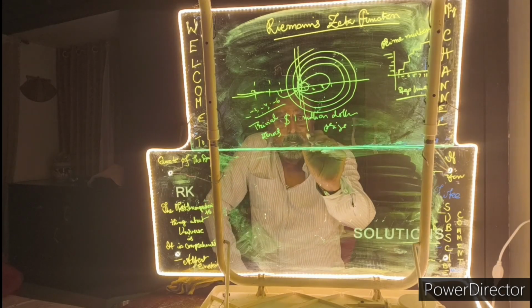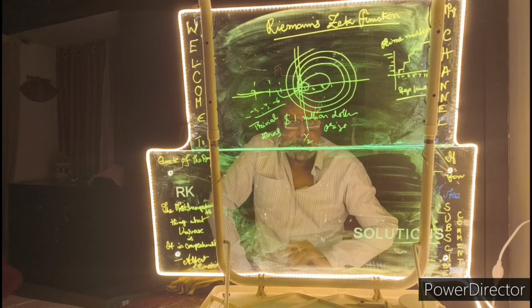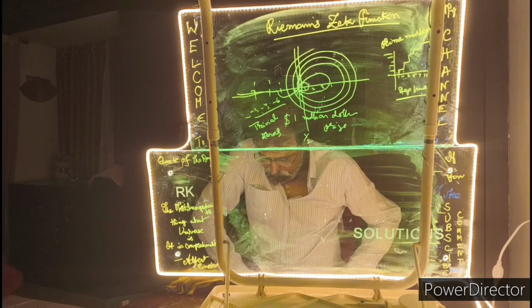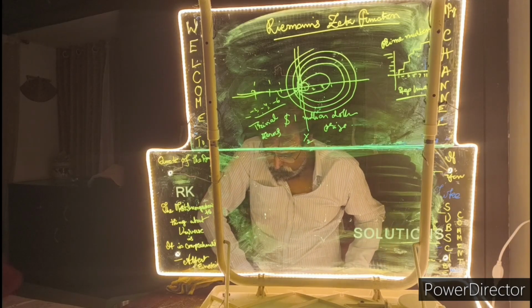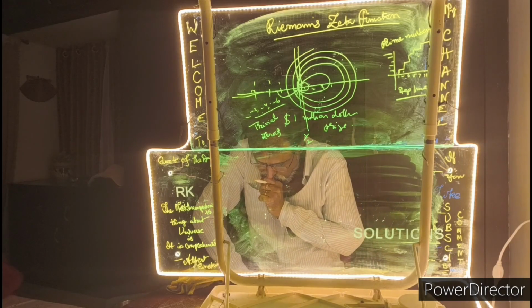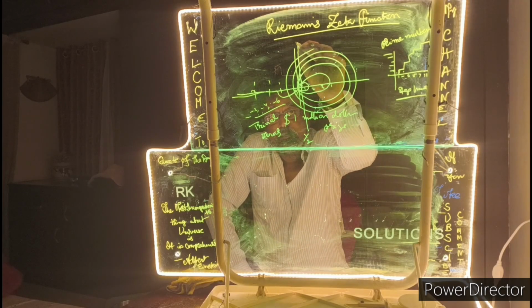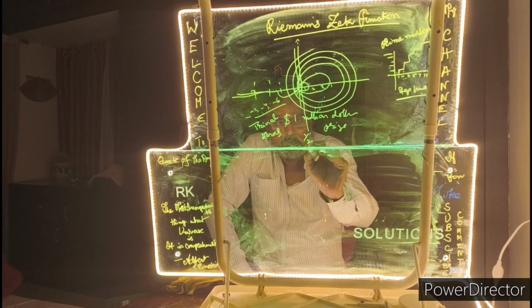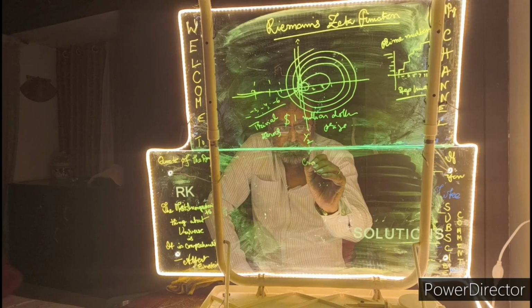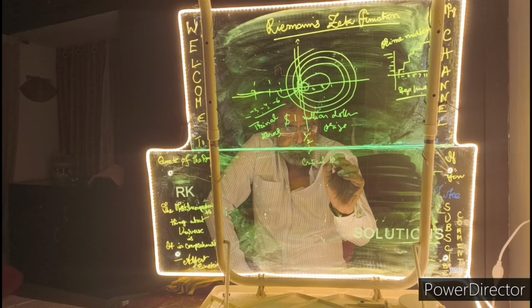He said at half real value, this is called the critical line.